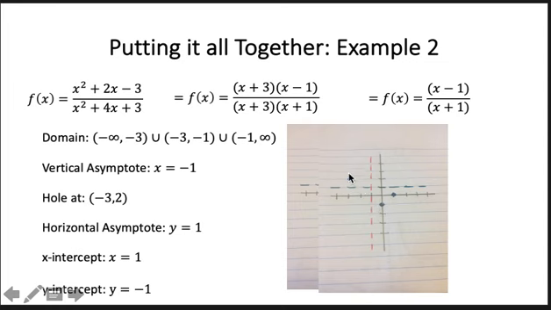I forgot to mention that I also graphed here the hole. And the hole, if you'll remember, occurs when x is -3, right? 1, 2, 3, and y is 2. So I drew that hole too.